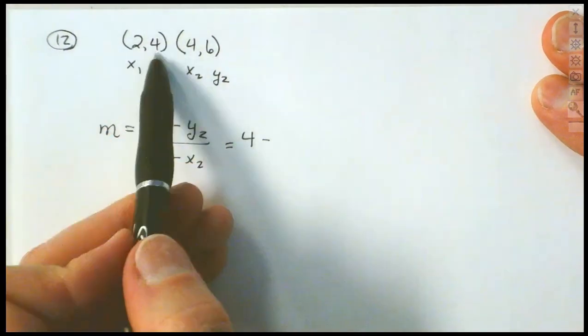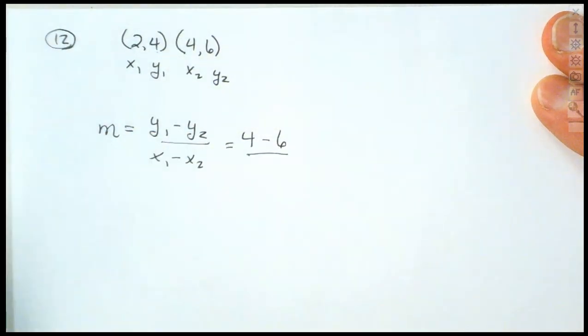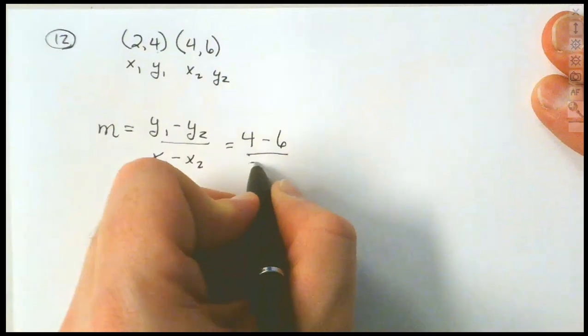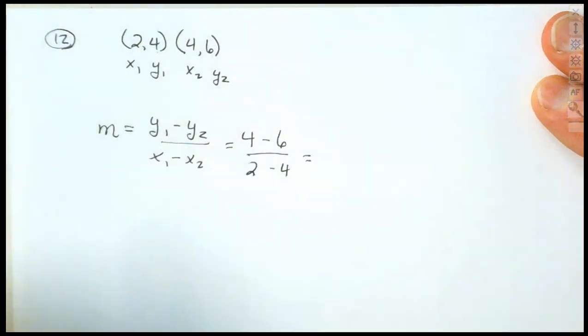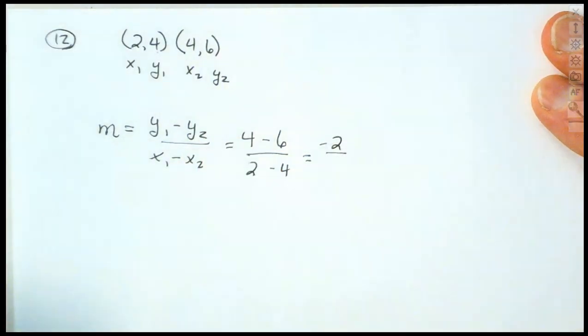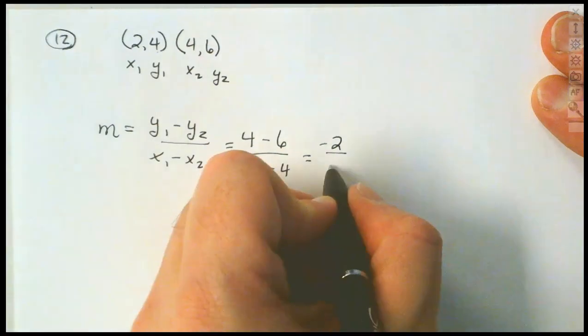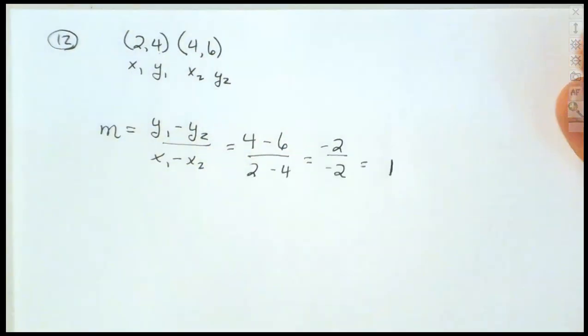That's our y part, minus 6. Down below, we've got our x's, so we've got 2 minus 4. And 4 minus 6, that makes it a minus 2. 2 minus 4, that makes it another minus 2. And that leaves me then with a slope of 1.